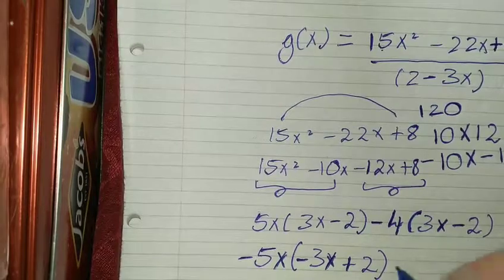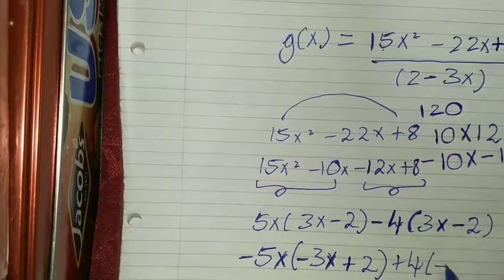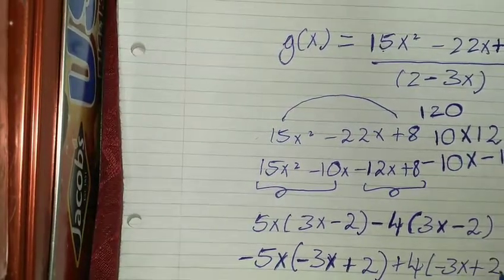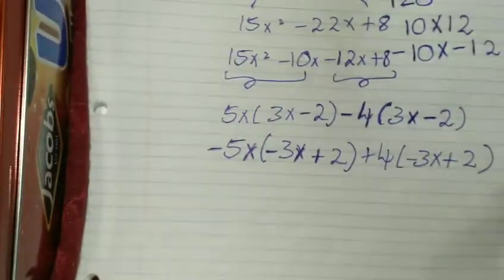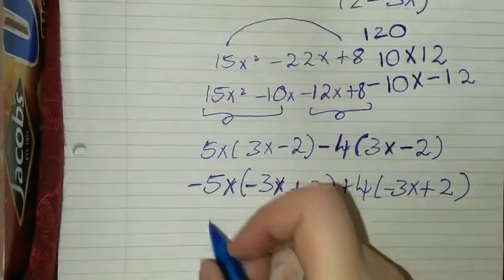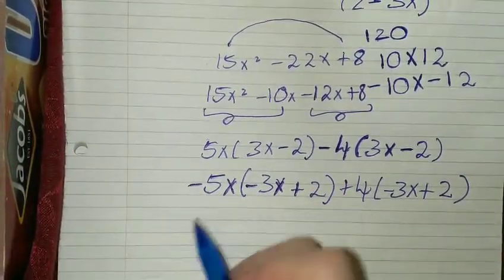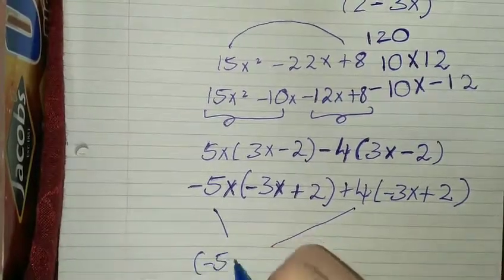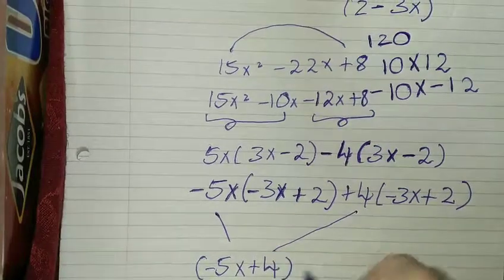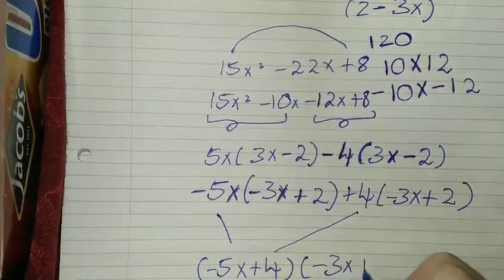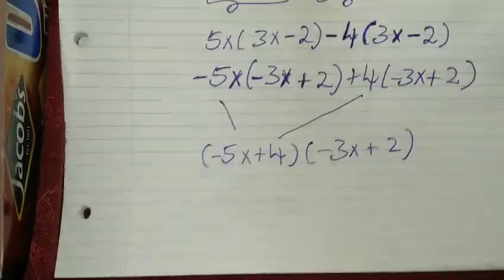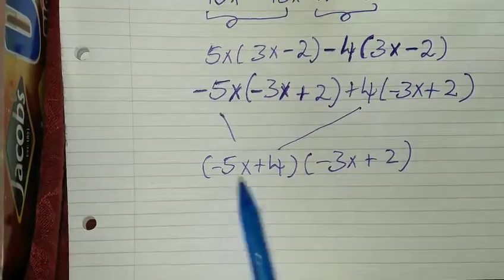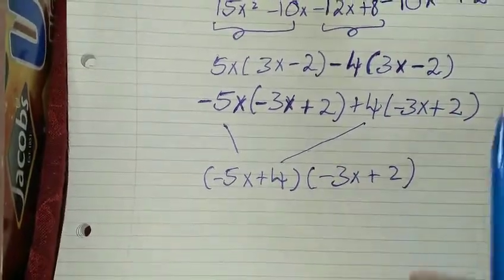And then if I take out a plus 4, I'll be left with minus 3x plus 2. So then I bring my minus 5x plus 4 in one bracket, and my minus 3x plus 2 in another, and the brackets have to be matching. So now I figured out that the 15x squared expression on top is equal to this.